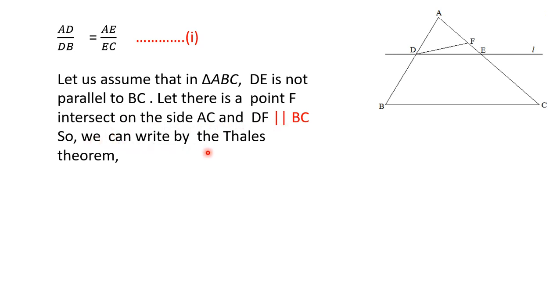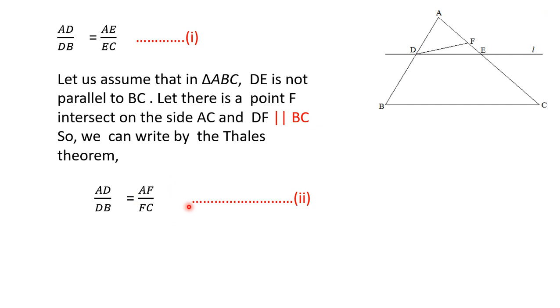And we know that by the Thales theorem, if a line is parallel to the third side, it divides the two sides in the same ratio, so we can write AD upon DB is equal to AF upon FC when DF is parallel to the side BC. So by the basic proportionality theorem, we can write AD upon DB is equal to AF upon FC.